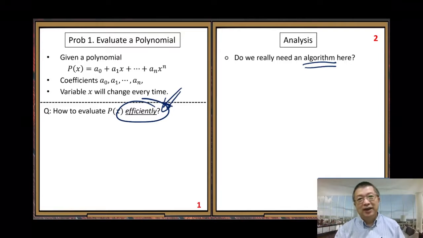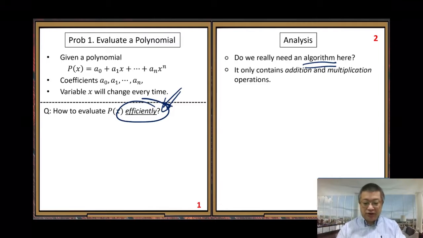Right? So let's try to answer this question. We know in order to evaluate a polynomial, we only need to do addition operations and multiplication operations. Only these two types of operations.